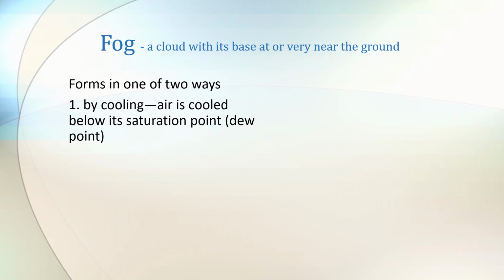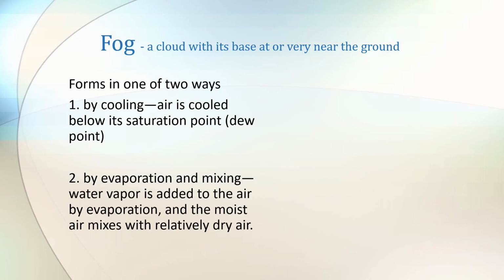Another way of fog formation is evaporation and mixing. This happens when water vapor is added to the air by evaporation and the moist air mixes with relatively dry air.